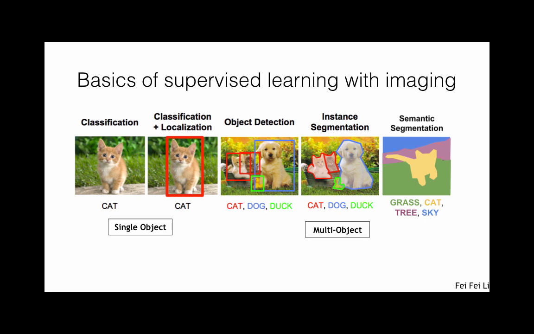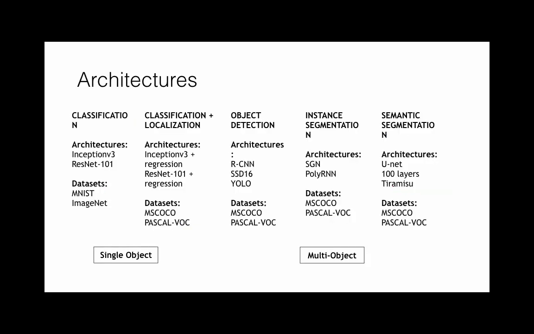Object detection, many objects in a single image, so many tumors in a single brain scan. Instance segmentation, which is some degree of locality that goes beyond bounding boxes. And fully semantic segmentation, where you're labeling every single pixel of the image with some information about what that pixel represents. There are lots of data sets available to play with as you build your models. They're called the canonical data sets in the field.